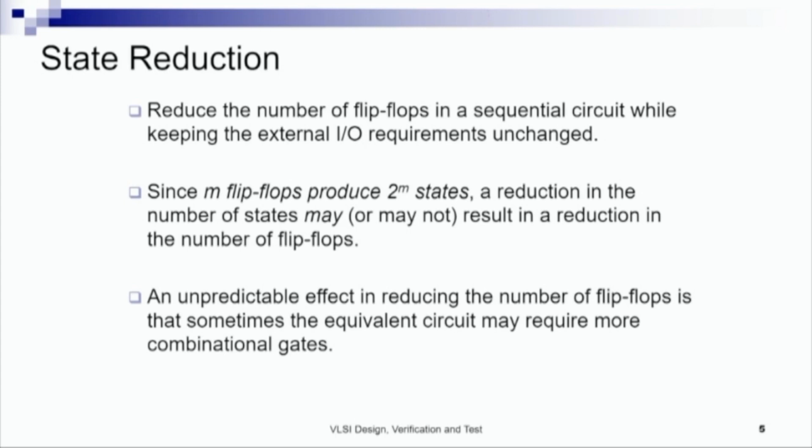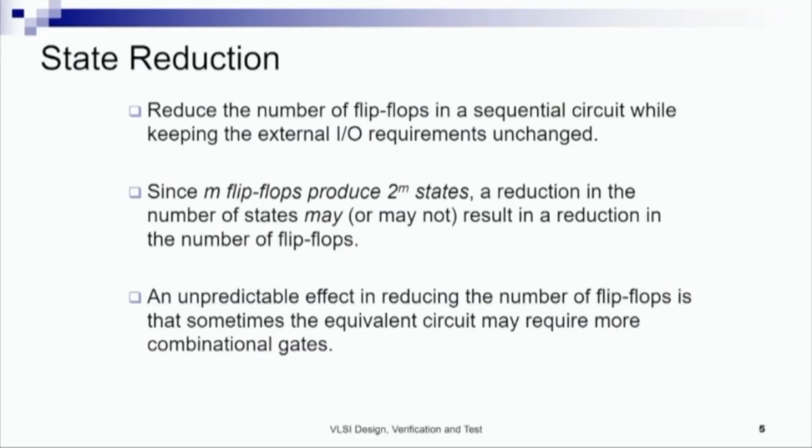Each flip-flop can hold one bit of information. Through one flip-flop, I can define two states, and hence to obtain a structural realization of an FSM which has 2 to the power m states, we require at least m flip-flops. However, reduction of states may or may not result in a reduction in the number of flip-flops.